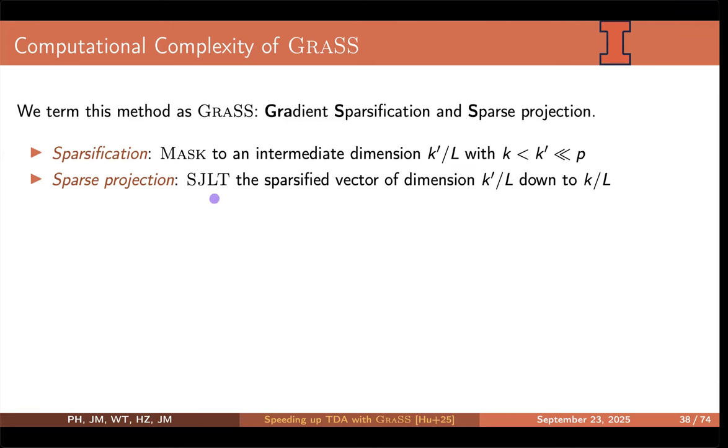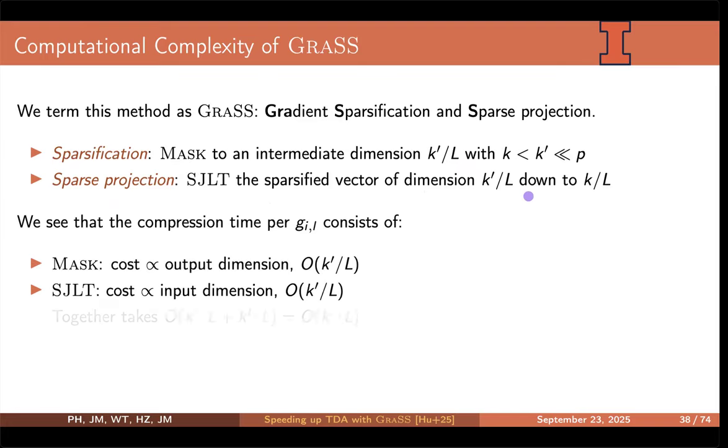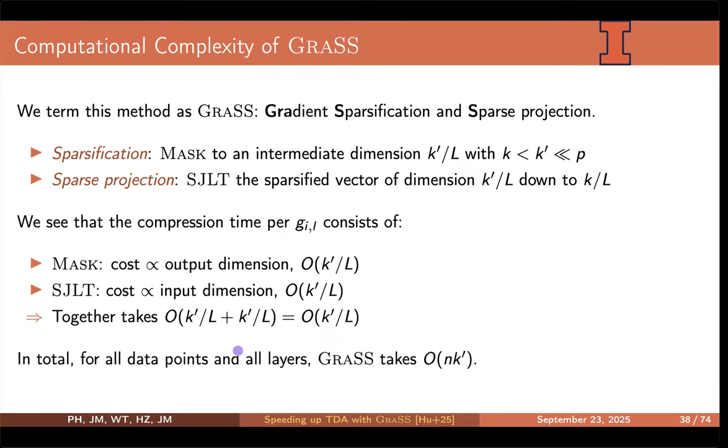Sparse projection, which is SJLT, also takes k prime over l. So in total it takes k prime over l. If you consider all data points and all layers, GRASS takes only nk prime. And you should always remember that k prime is larger than k and much smaller than p.